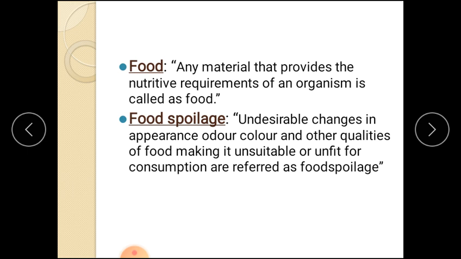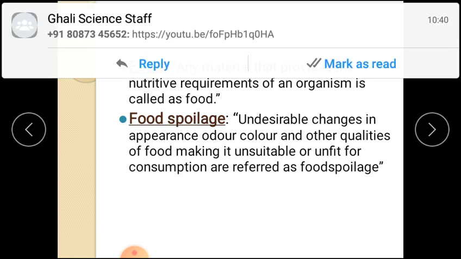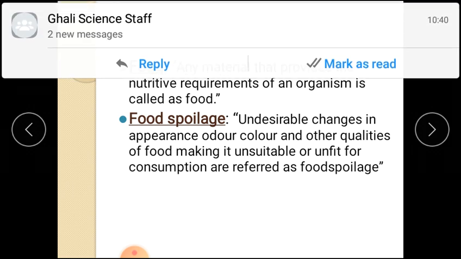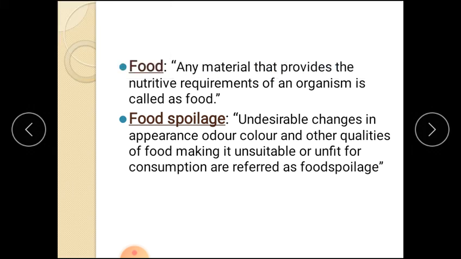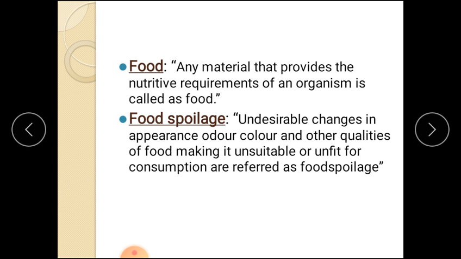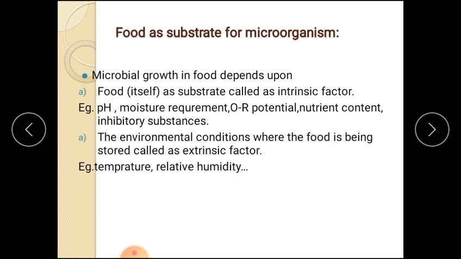This is a simple definition: if the food is difficult to eat, or does not show good appearance, or shows an odor, then it is not easy for consumption, and such spoilage is called food spoilage.